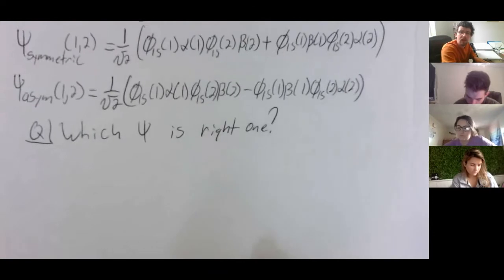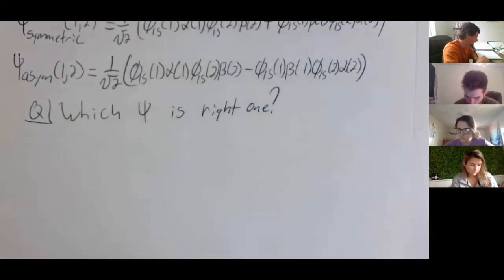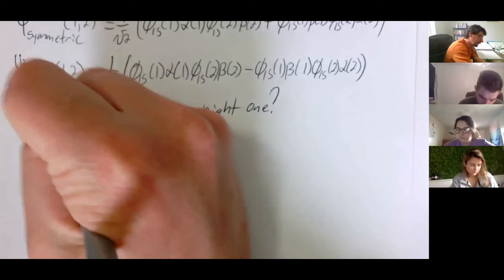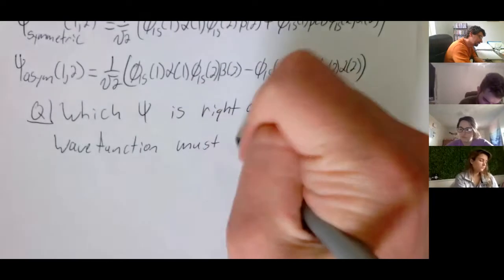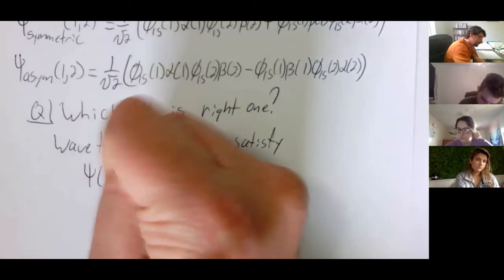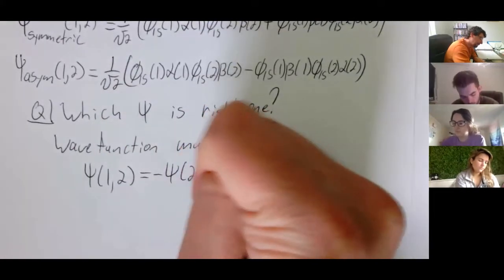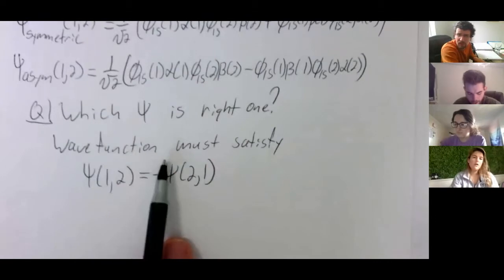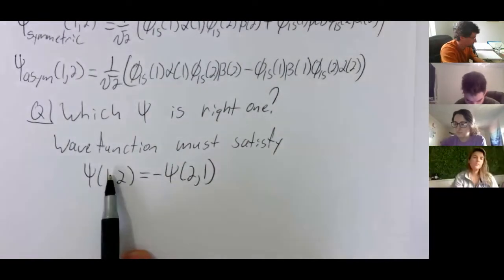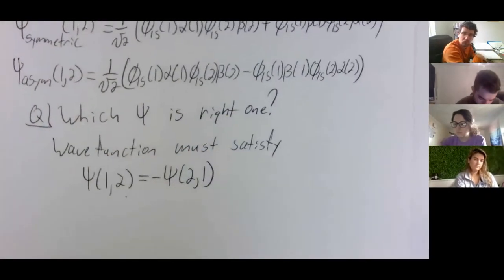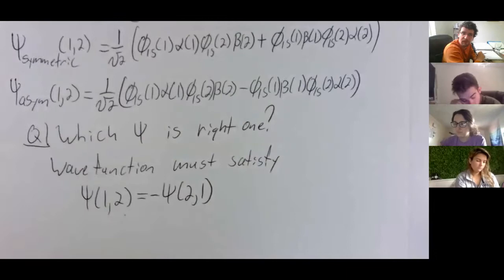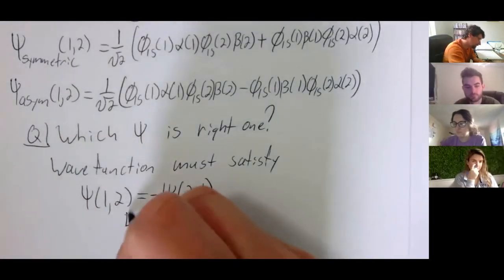Okay, so if we look back at our definition of the Pauli Exclusion Principle, we said the wave function must satisfy the following: if we switch those labels, we get a negative sign. So can anyone guess which one of these two is going to be the right one? Asymmetric. Yep.